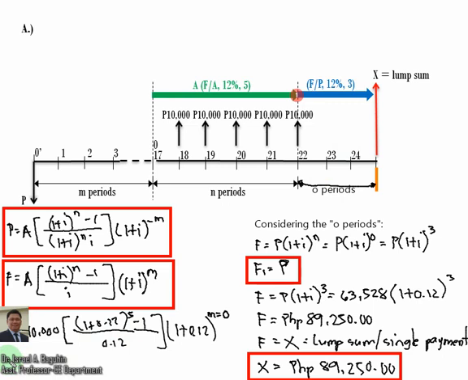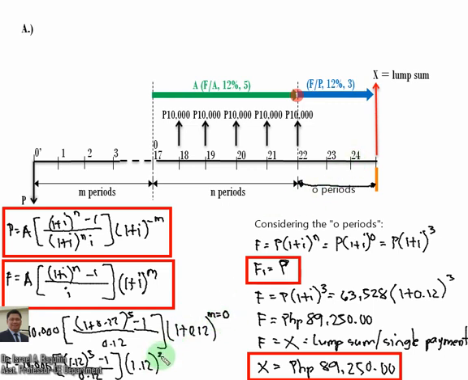So substituting, we have F equal to 10,000 times 1.12 raised to the fifth minus 1 over 0.12 times 1.12 raised to our period O, which is just 3 years, okay?